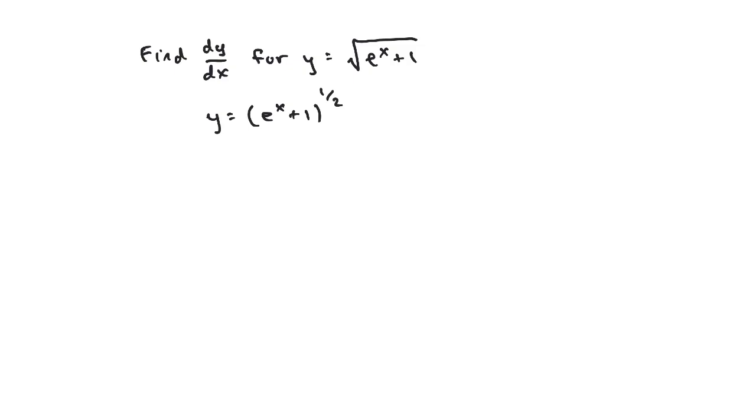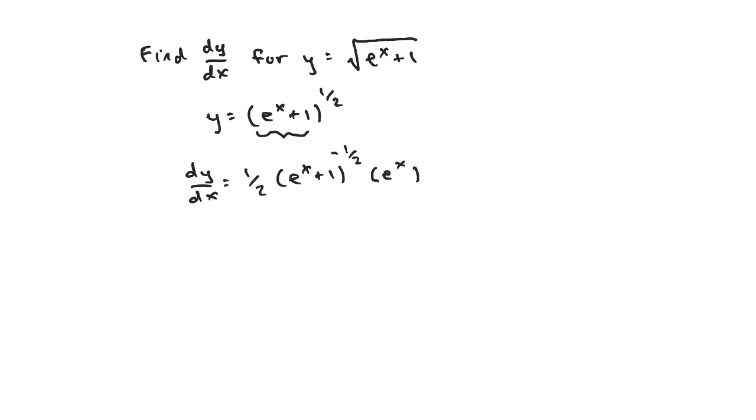So this here, e to the x plus 1, is my inner function. If I say dy/dx, that's equal to 1/2 times e to the x plus 1 to the minus 1/2. So that's applying the power rule to the outer function. And then remember, we have to multiply this by the derivative of the inner function. If we have e to the x plus 1 as our inner function, then the derivative of that is just going to be e to the x.